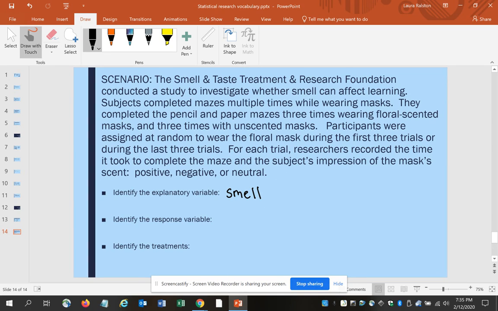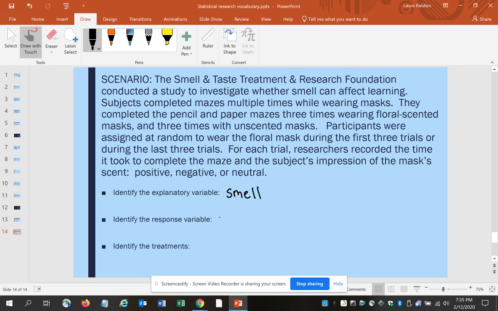Because they do it with a floral scented mask and then with an unscented mask, so we're changing the smell. And all the participants do both things. All participants wear the floral scented mask 3 times, and then they wear the unscented mask 3 times.